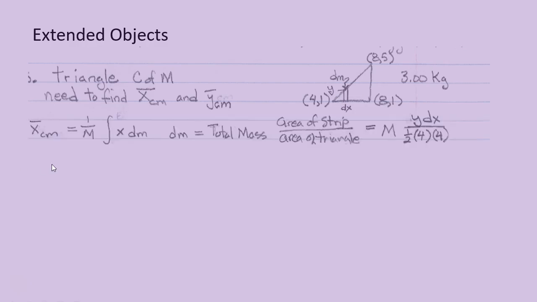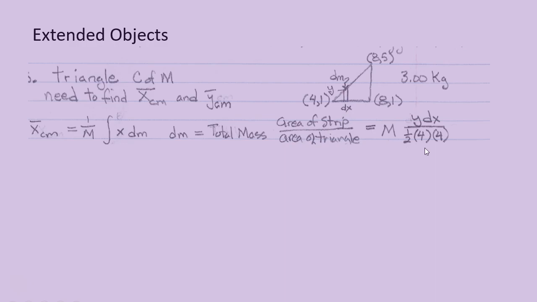We start with our general equation for the center of mass, and we need to make a substitution for dm. Now this is different than it was for a thin rod. dm is going to be equal to the total mass of the triangle times this ratio, which is the area of this small strip divided by the area of the total triangle.